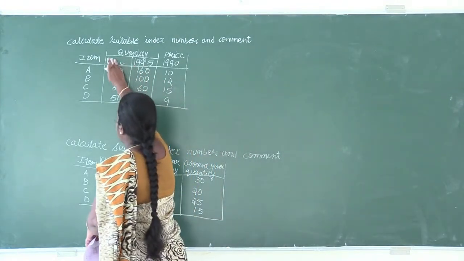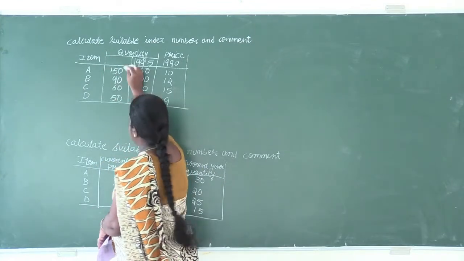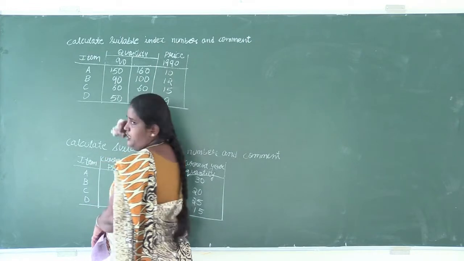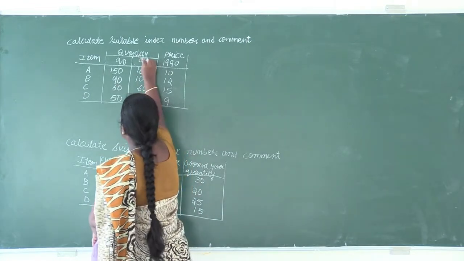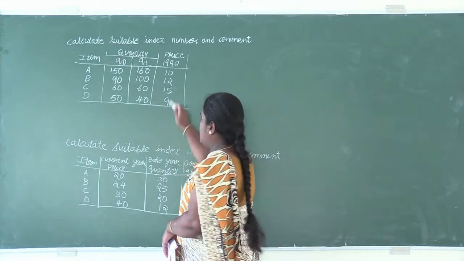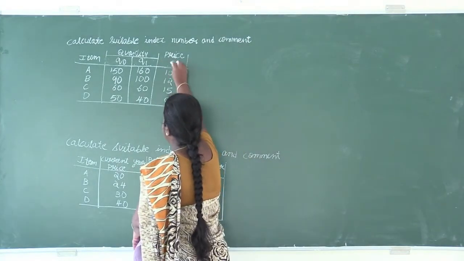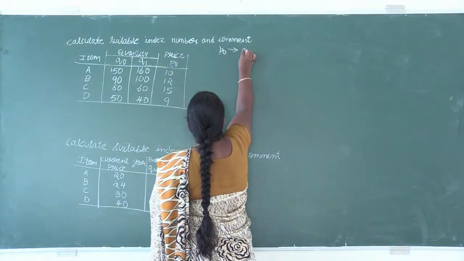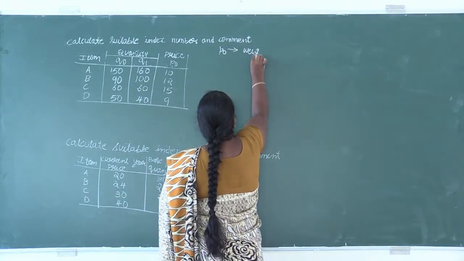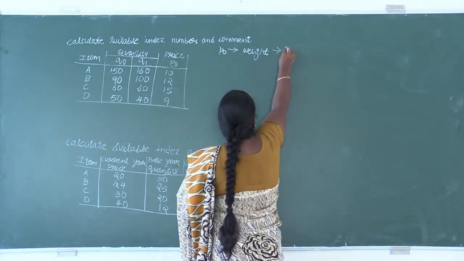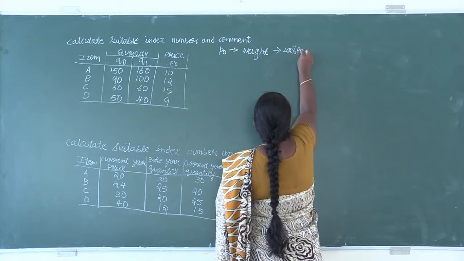So quantity of base year, 1990 is the base year, so we'll denote it as Q0. 1995 is the current year, it is Q1. Price is given regarding 1990, so P0 is given. So P0 is taken as weight here, and P0 is taken as weight in last year's quantity index number.